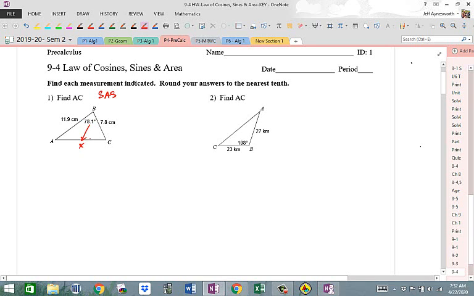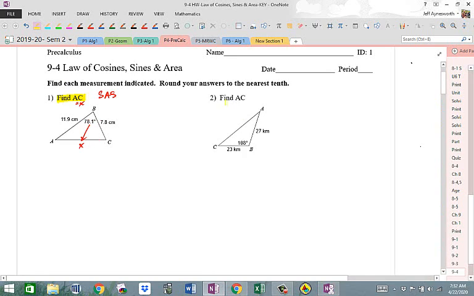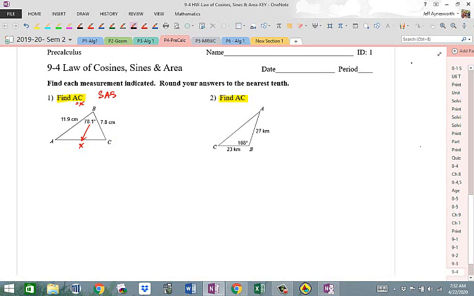Right now I'm just going to use x as our unknown. It's going to represent AC, so x is equal to AC. That's our goal: to find the unknown side, side AC, but I'm just going to label it x for simplicity's sake.